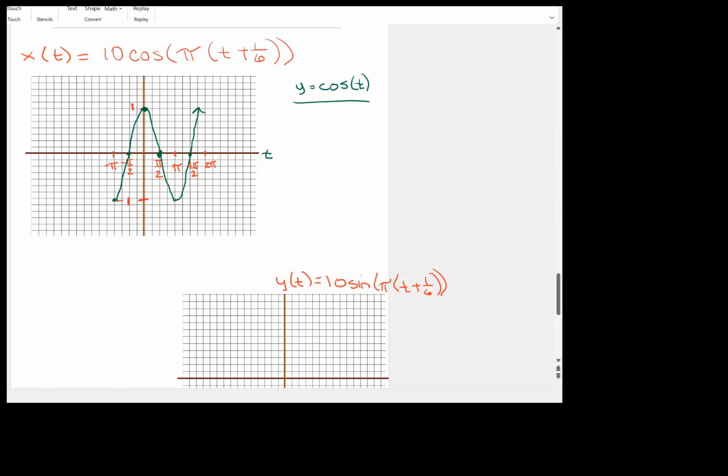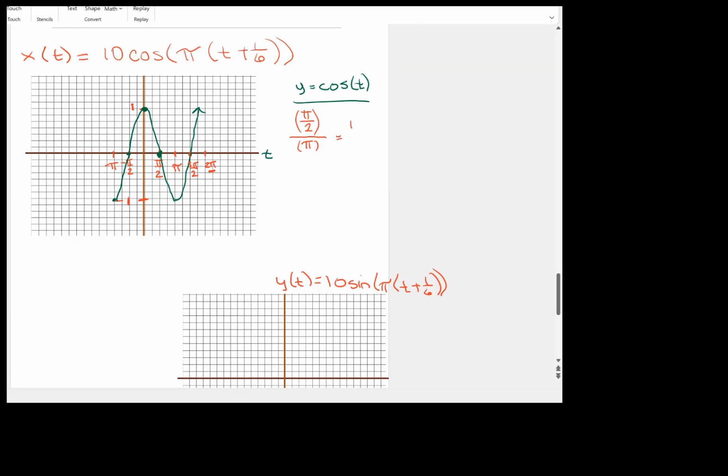How do I do that? I take each one of these points, for example, pi over 2 divided by pi. Remember that to find my period, I take 2 pi, which is the last value here, and I divide it by omega. Our omega is pi. So I'm going to divide that by pi. If I divide that by pi, I have to divide every other point by pi so it stays proportional.